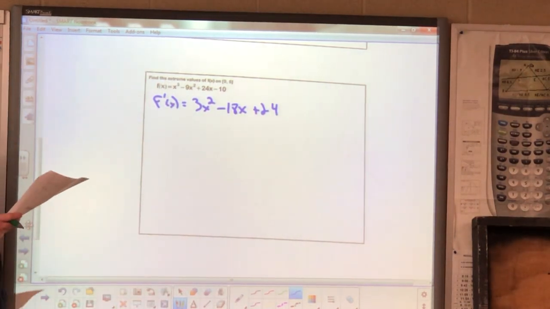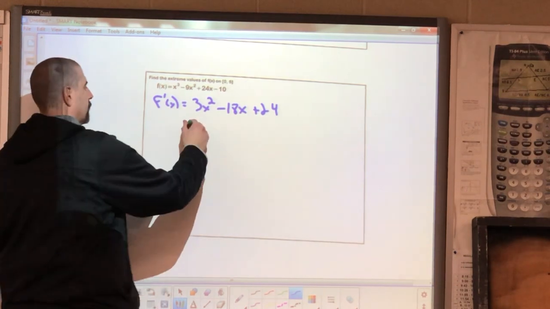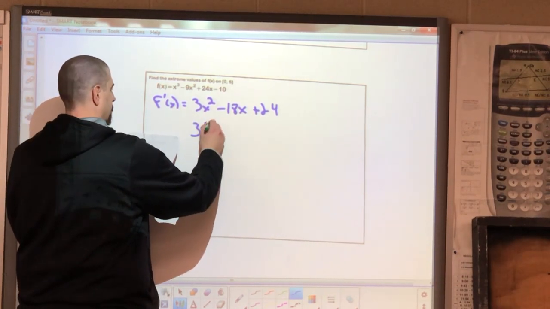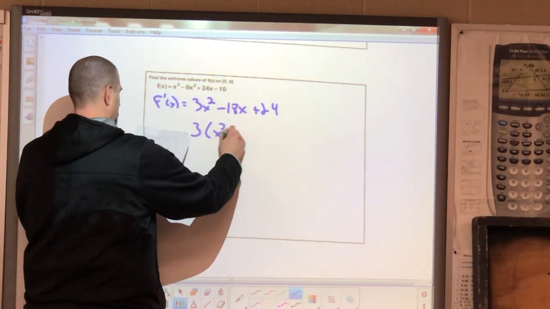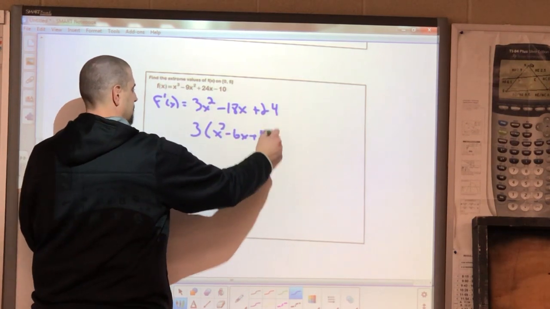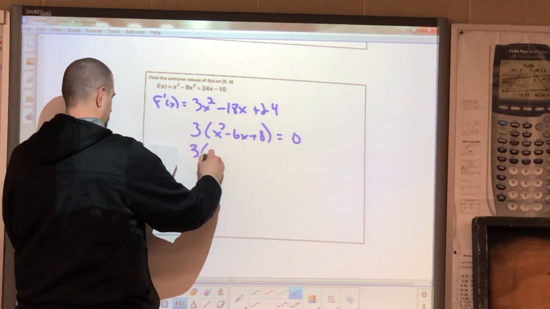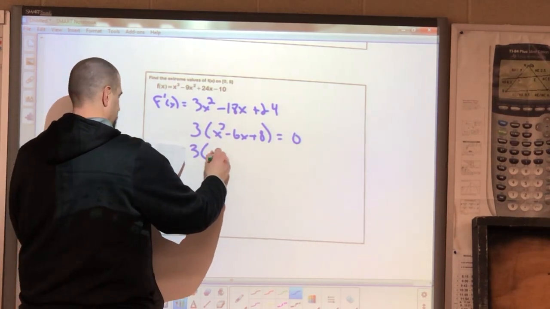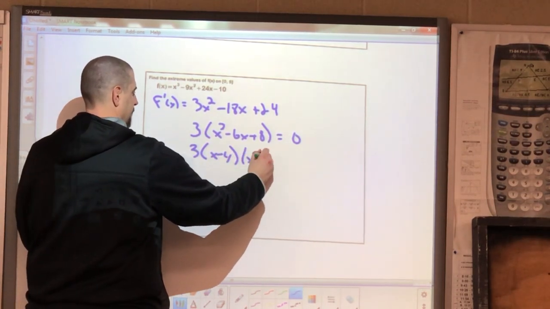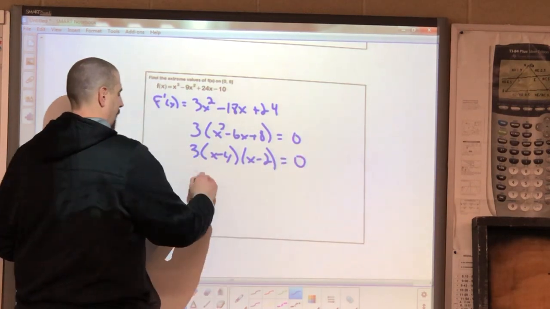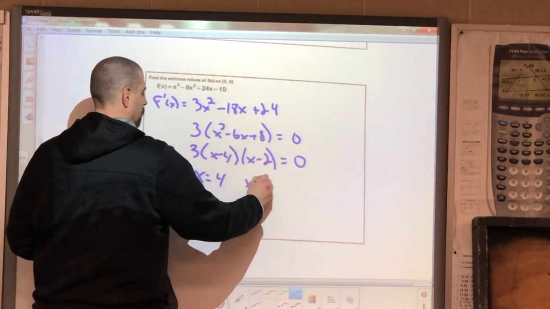Okay, so we're going to set that equal to 0. Factor out a 3. You're going to get x squared minus 6x plus 8, set equal to 0. Factor that trinomial. You're going to get x minus 4, x minus 2. So x equals 4, x equals 2.